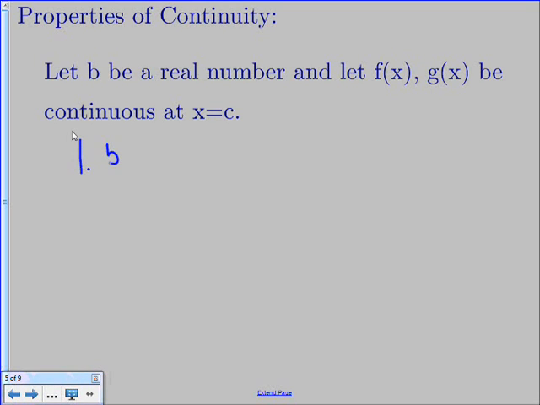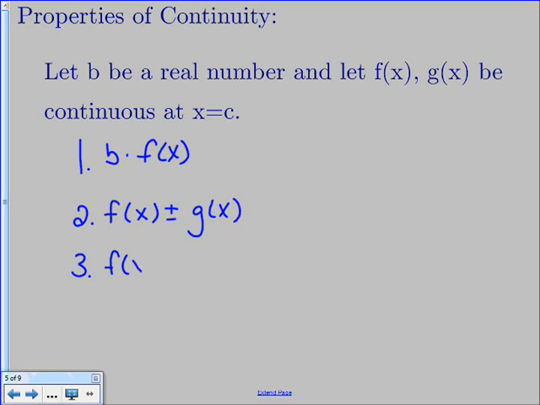So the first is if we multiply some number b by a continuous function at c, we're going to get another continuous function at c. We can also add and subtract continuous functions together to get another continuous function at c. So if we do f of x plus or minus g of x, we're going to get another function that's continuous at c.